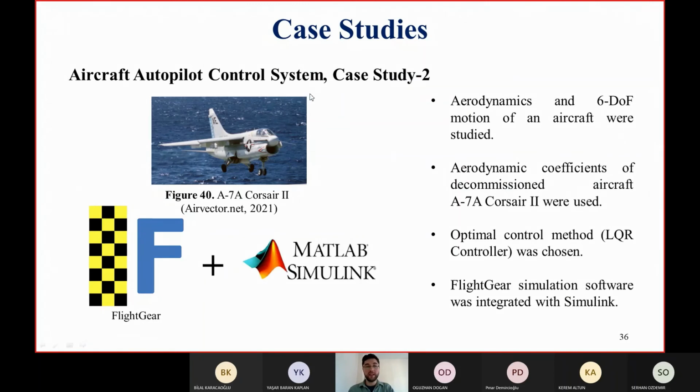In my second case study, I study the 6 degree of freedom motion of an aircraft. I used a decommissioned aircraft, the A7A Corsair 2, for the aerodynamic coefficients. I used optimal control methods in this simulation, and I combined FlightGear and MATLAB Simulink together in this simulation again.